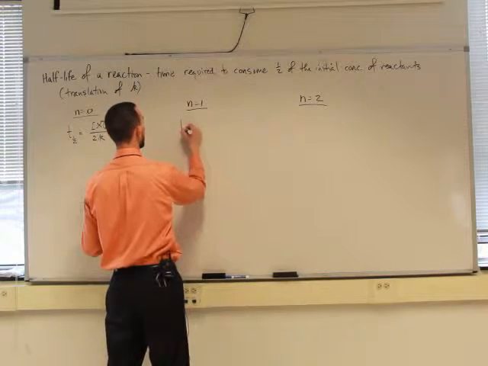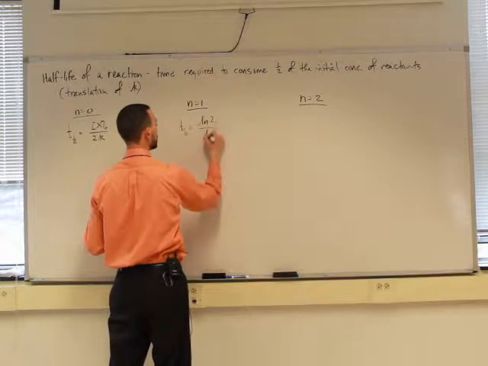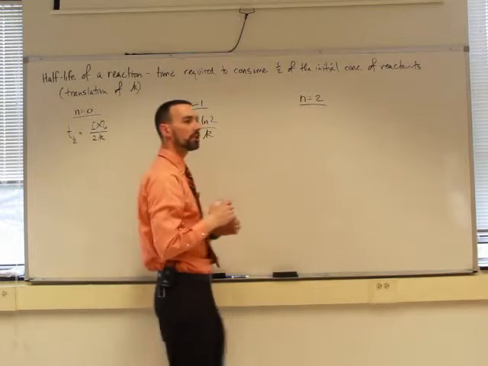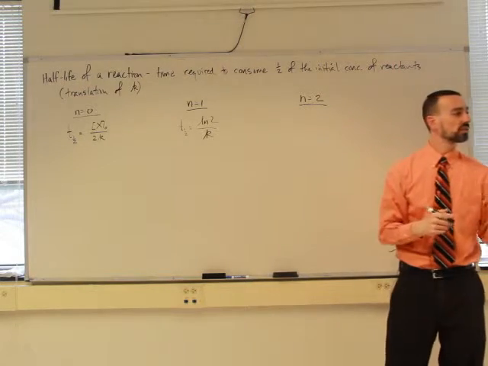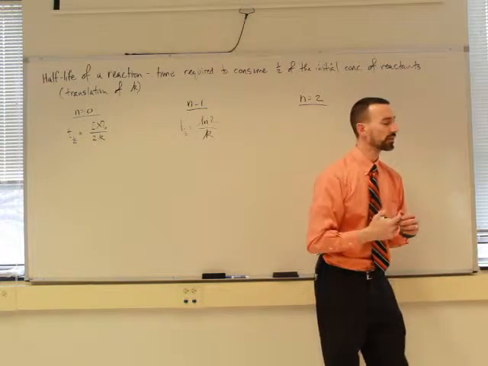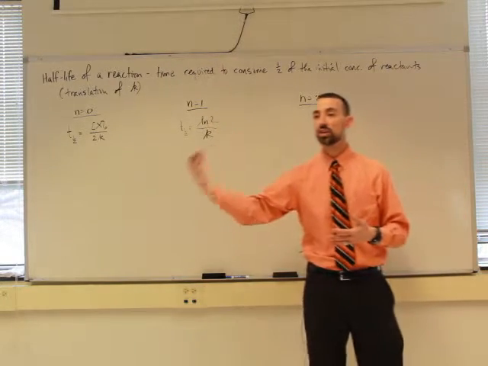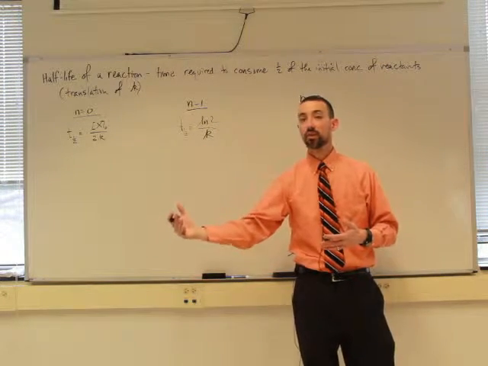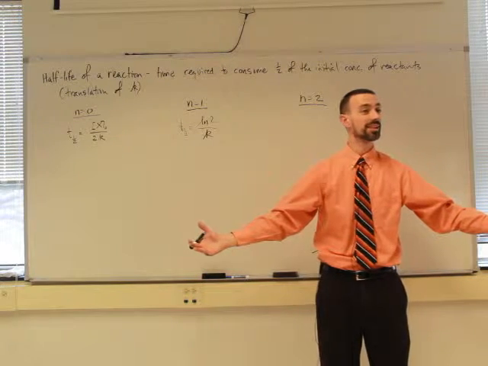For a 1st-order reaction, the half-life is the ln of 2 divided by k. No dependence on concentration. What's interesting with the first-order reaction is that as you add more stuff, the reaction goes faster. Therefore, the amount of time to complete the reaction really stays the same in essence.